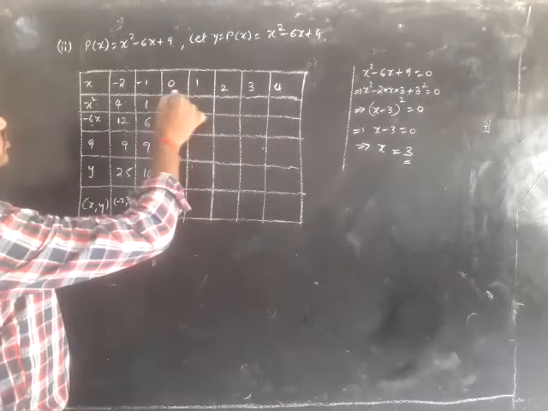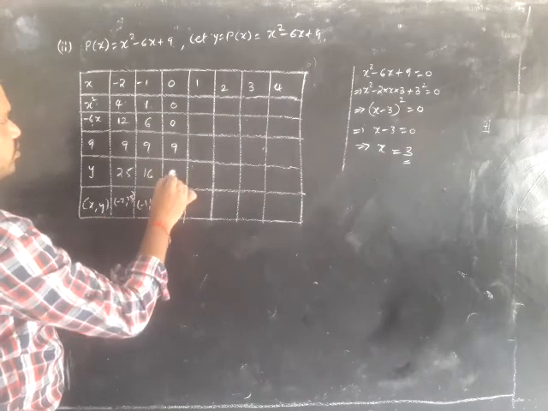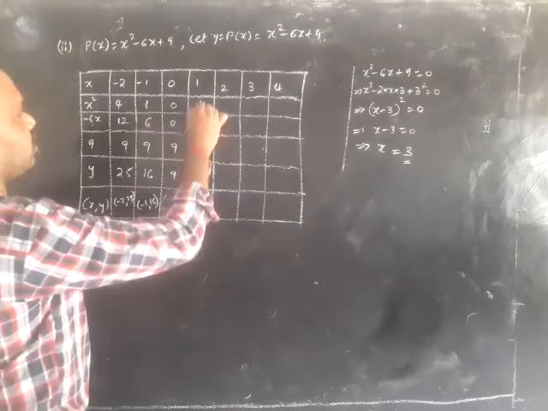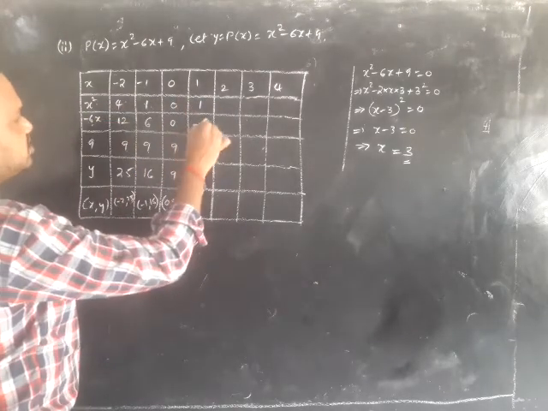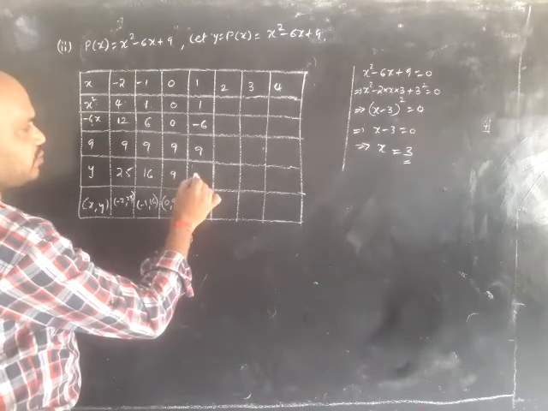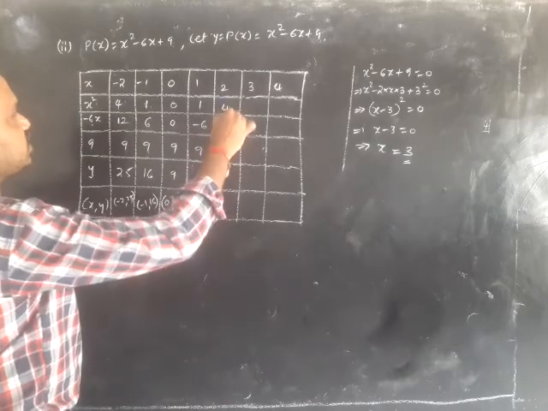Next, 0, 0, 9. We get 9 here. 0 comma 9. 1 square is 1. Minus 6 plus 9. 1 minus 6 is minus 5. Minus 5 plus 9 is 4. 1 comma 4. 2 square is 4.